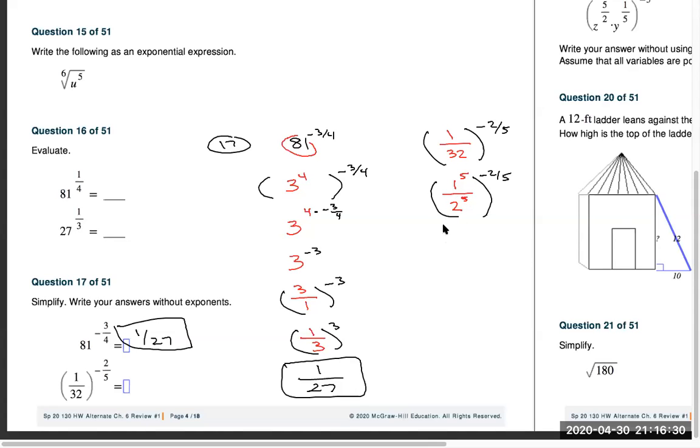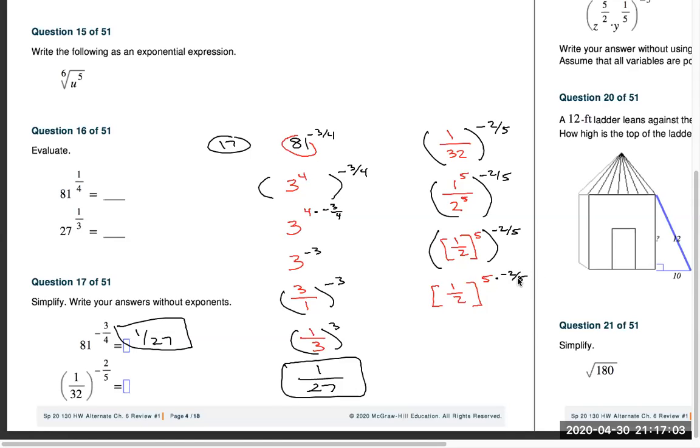Now, essentially, inside the parentheses, that would be 1/2 to the 5th power, and you have negative 2/5 out here. So that's 1/2 to the 5th power times negative 2/5.